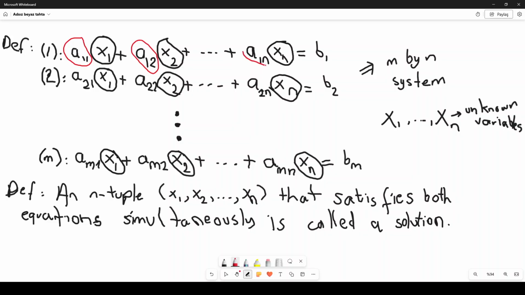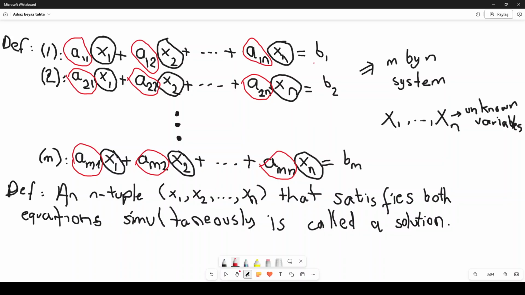The ones that I circle in red, you see, these are called the coefficients. In other words, the values in each equation which are placed right to the left of each unknown variable are called the coefficients, as I indicate them in red.